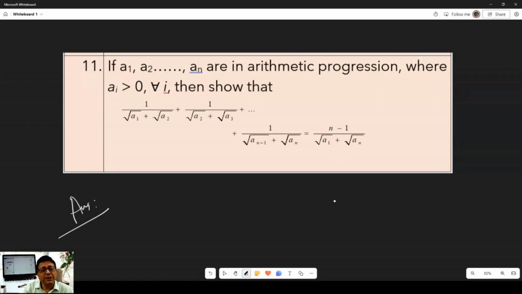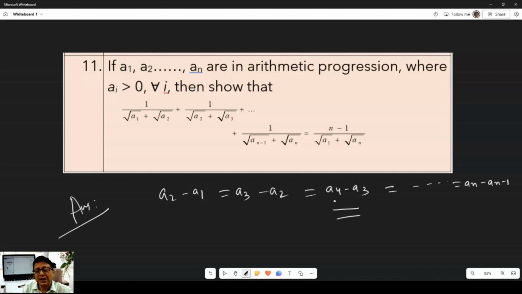How to get it? A1, A2, ..., An are in AP. So A2 minus A1, A3 minus A2, like this it continues, this way up to An minus An-1. They are given in AP. We assume that the common difference is D over there.